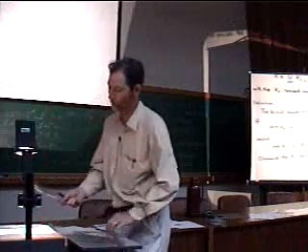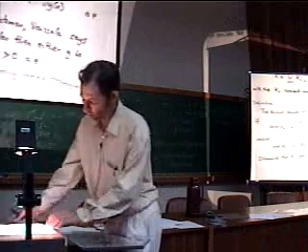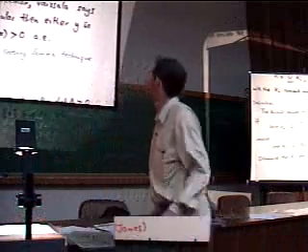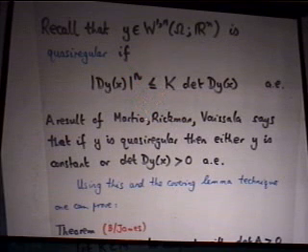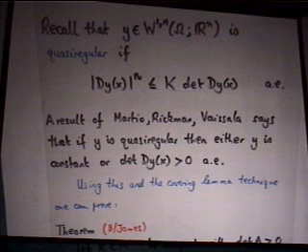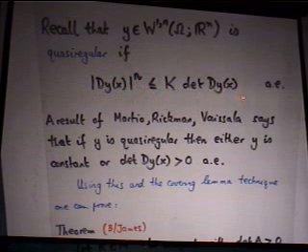Now, there's a connection with quasi-regular maps. Let me remind you what a quasi-regular map is. So a map, now we're considering maps from omega in R^n to the same dimensional space R^n. And a quasi-regular map is one whose nth power of the gradient is less than a constant times the determinant of the gradient of y.